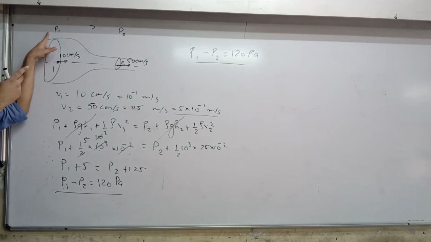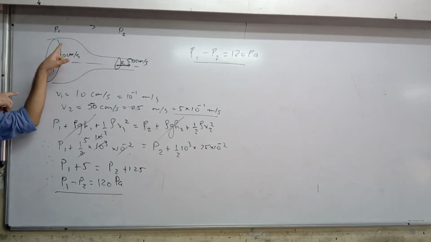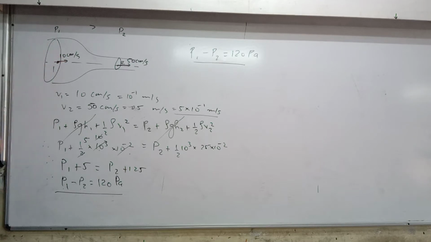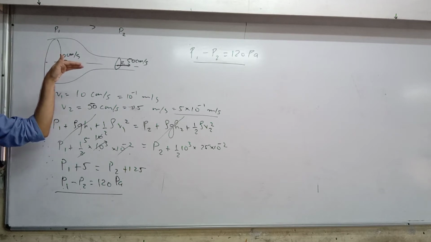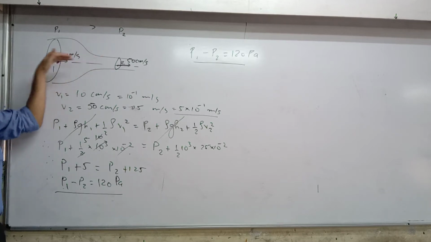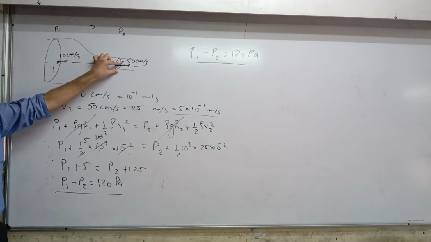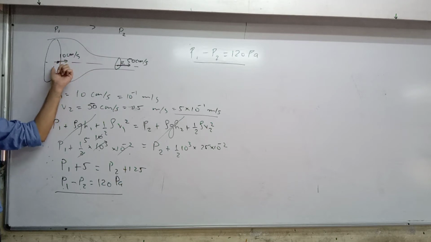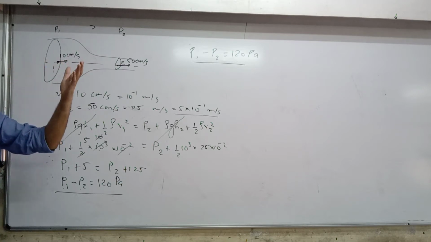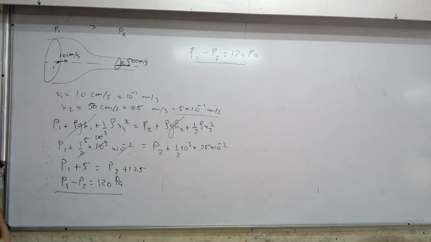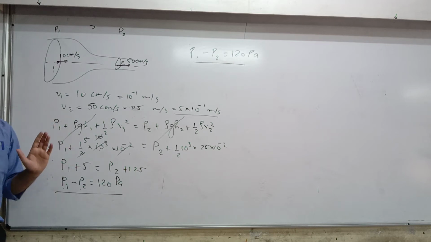I repeat, where the fluid is slow, the pressure is more, and only when we are comparing points at equal height. When comparing two points at equal height, if at one place the fluid is slow and the other is fast, then where it's slow, the pressure is more. That's what Bernoulli's theorem is telling you, and that's what we have figured out.